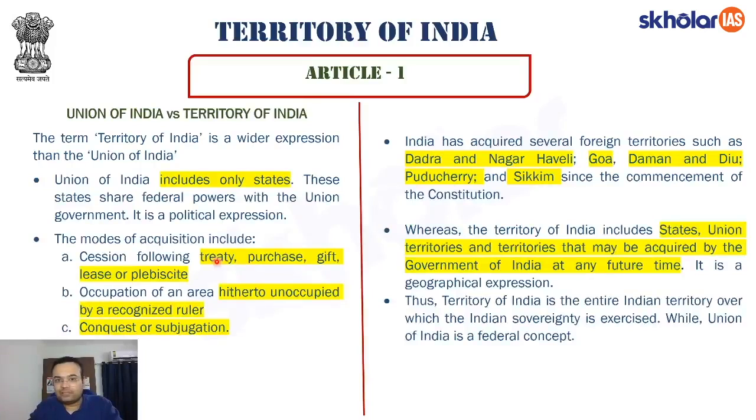That is something you will study in the post-independence modules of our Scholar platform. Anyway, that is important only for your mains exam, so let's not discuss it right now. Thus, Territory of India is the entire Indian territory over which Indian sovereignty is exercised, while Union of India is a federal concept. I hope this point is clear.